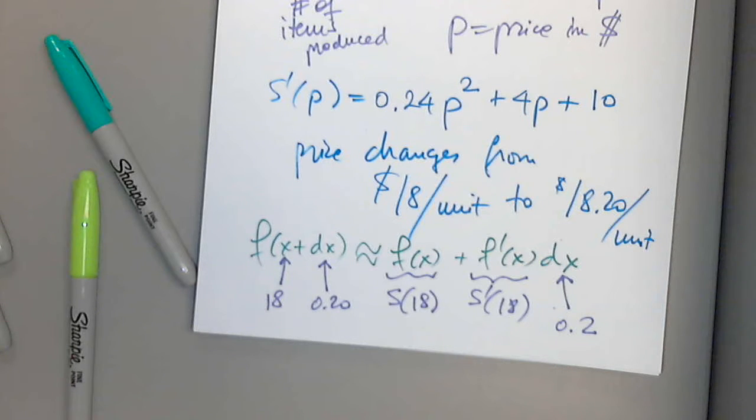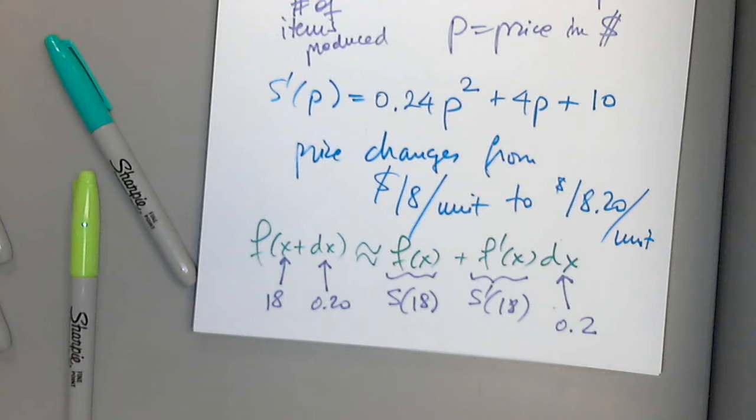If it says do not estimate, give me the exact, I would have put this 18.20 in S and put 18 in S and create a difference. And that would be the exact change. But this time they say in the problem, just estimate what happens if the price changes from 18 to 18.2.